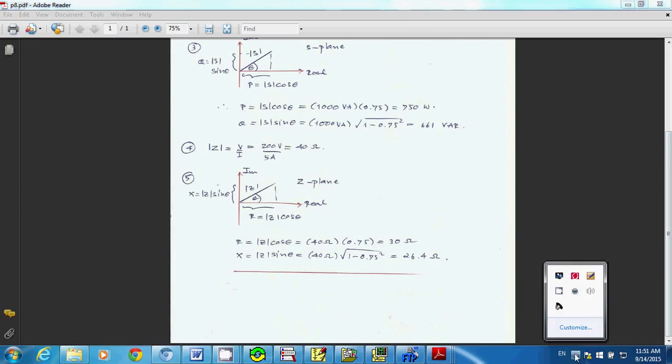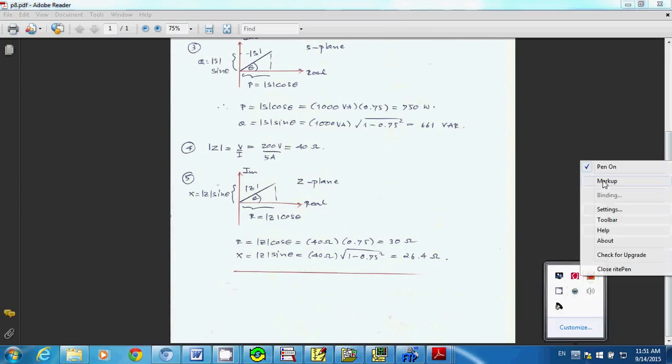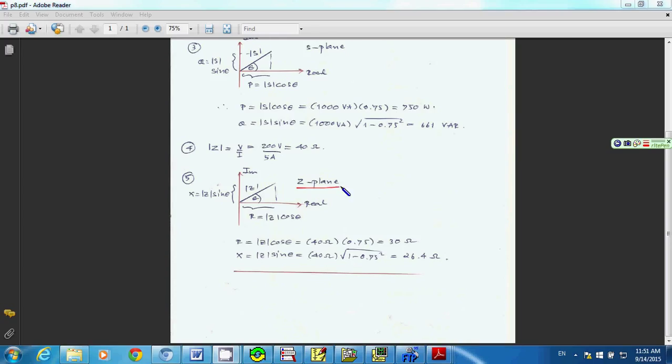Now take a look at this one, the Z plane. You probably have no difficult time finding reactance and resistance, because your resistance equals the magnitude of Z cosine theta, right? And your reactance is equal to the magnitude of Z multiplied by sine theta. So R equals the magnitude of Z cosine theta.